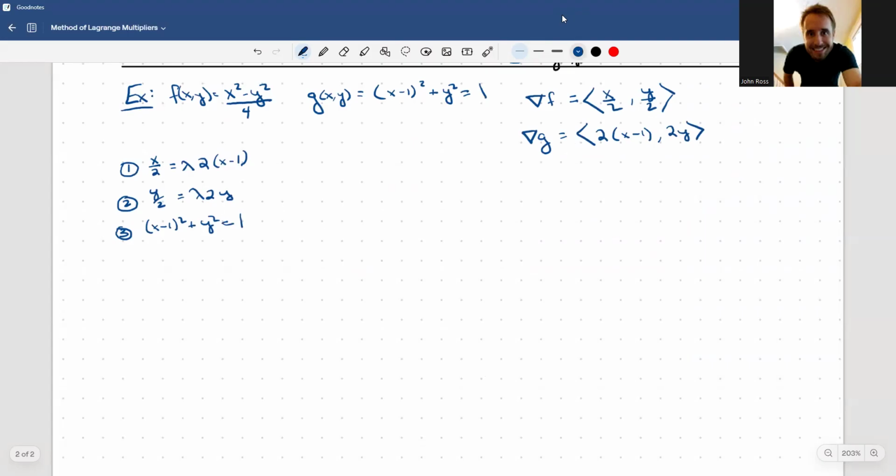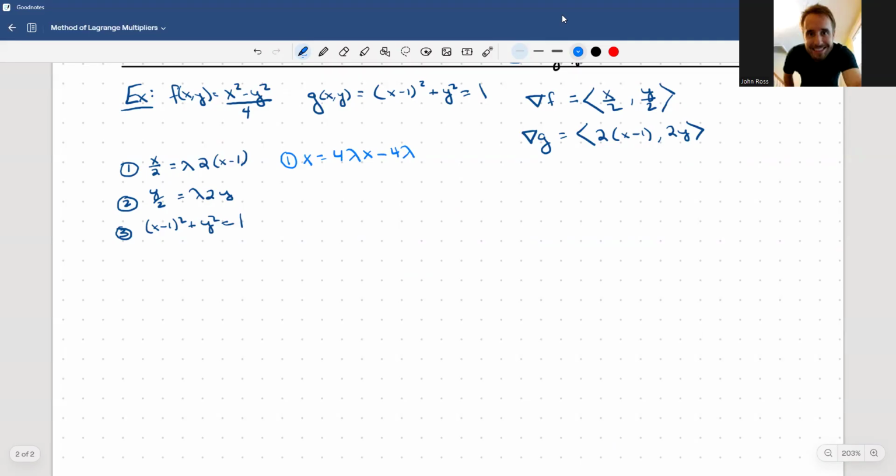Okay, but how do we go about trying to solve these? Well, first, I'm just going to rewrite these equations to make them look a little bit nicer. I don't like this divided by 2 in equation 1 and equation 2, so I'm going to multiply that over to the other side. So I'm going to end up with x equals 4 lambda x minus 4 lambda.